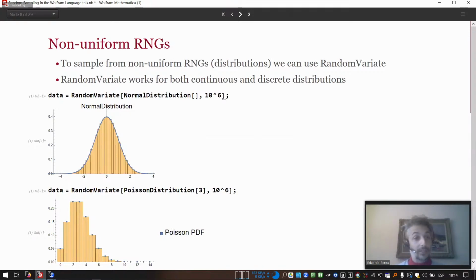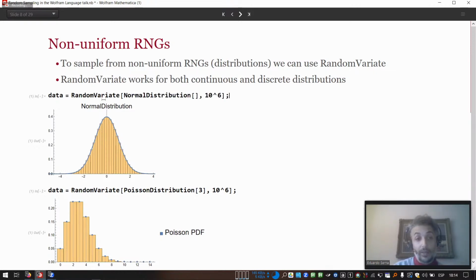Okay, so let's look now at non-uniform random number generators. To sample from non-uniform distributions in the Wolfram language, we can use RandomVariate, which works for both continuous and discrete distributions.